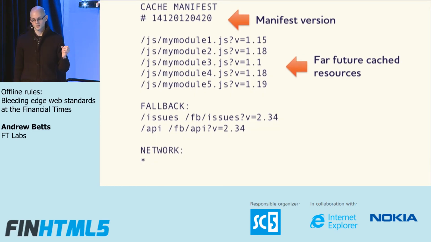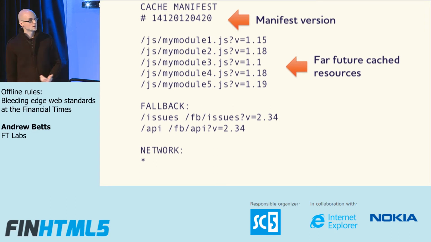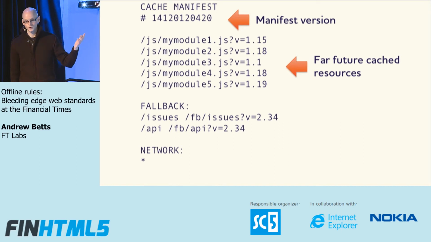So the only way we can resolve this problem is to put far future cache headers on our content and to give them all unique version query strings. So when you build your manifest, you can put a version query parameter on each URL. When you serve these resources from your server, set an expiry time years in the future, and that will ensure that the browser cache holds on to those resources as well as the app cache.